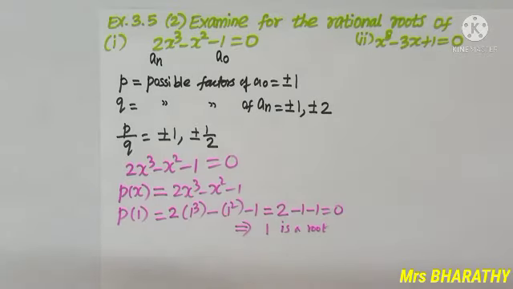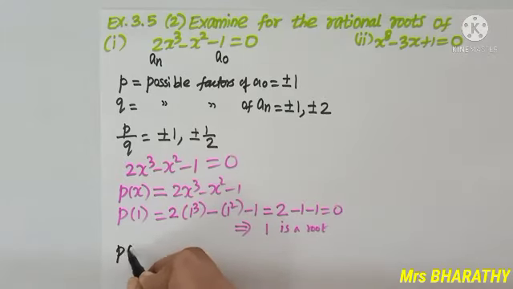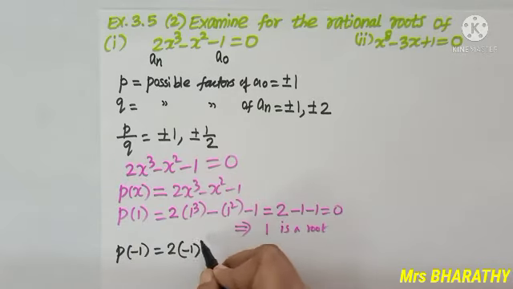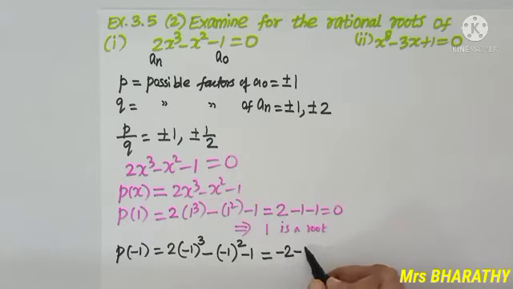Now let me check with the other root, say -1. So what is P of -1? 2 into, wherever x comes, put -1, the whole cube, minus, wherever x comes, I put -1, the whole square, and -1. -1, the whole cube is -1. -1 into 2 is -2. -1, the whole square is +1. +1 into -1 is -1.